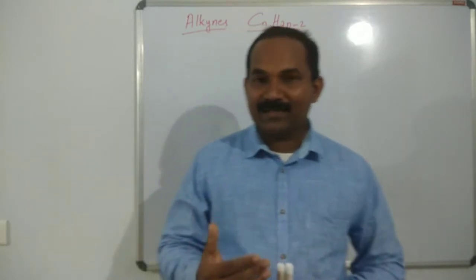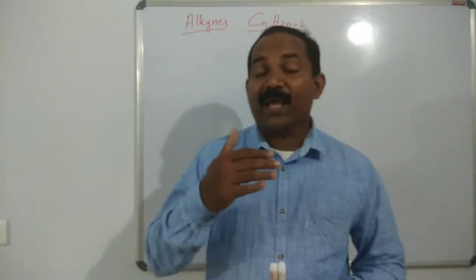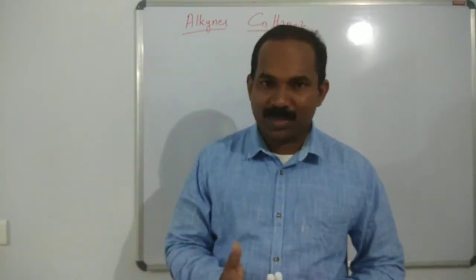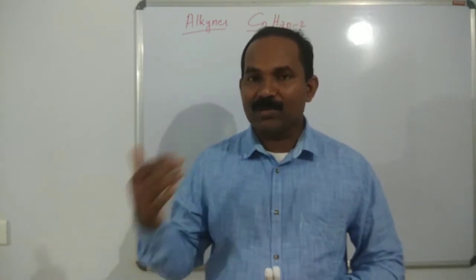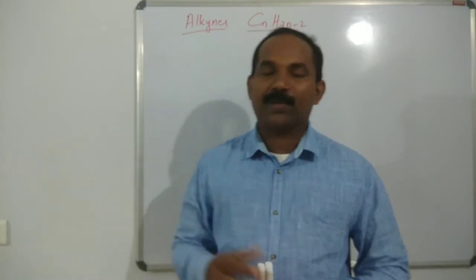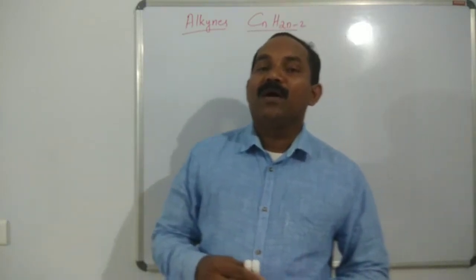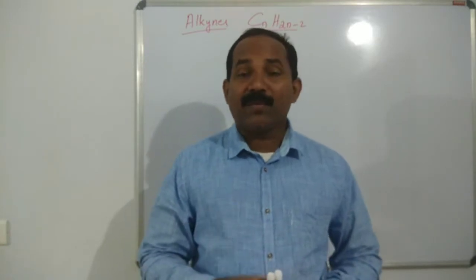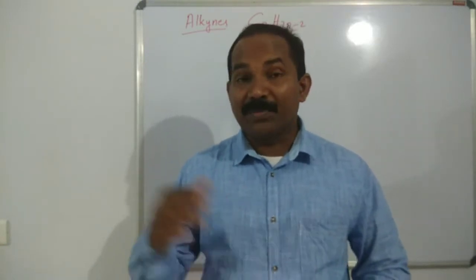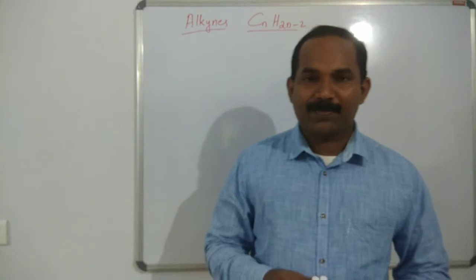In alkynes, CnH2n minus 2: plus 2, no 2, that is 0, then minus 2, that is the order. And alkynes are very important compounds in many preparations, polymerization, etc.